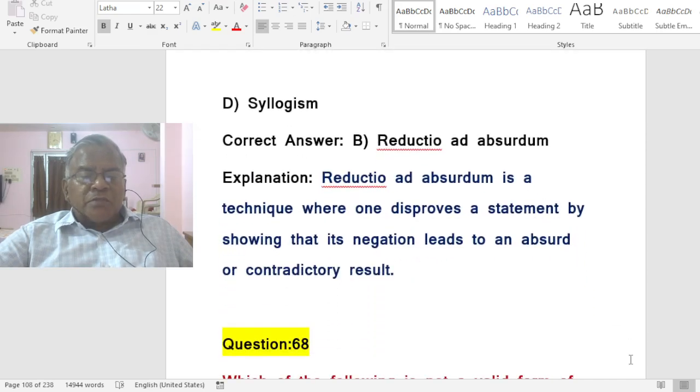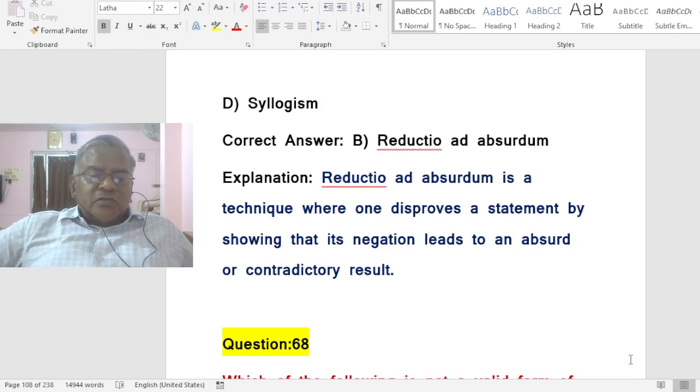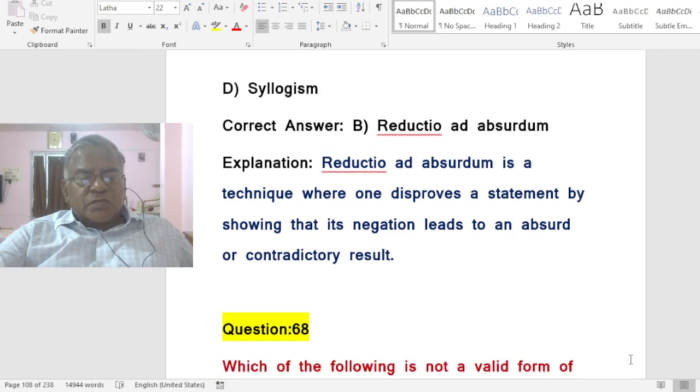Reductio ad absurdum is a technique where one disproves a statement by showing that its negation leads to an absurd or contradictory result. That way it disproves a statement.